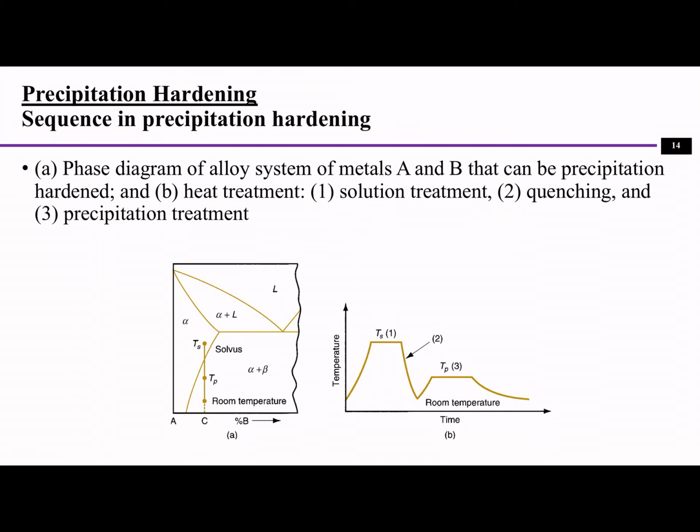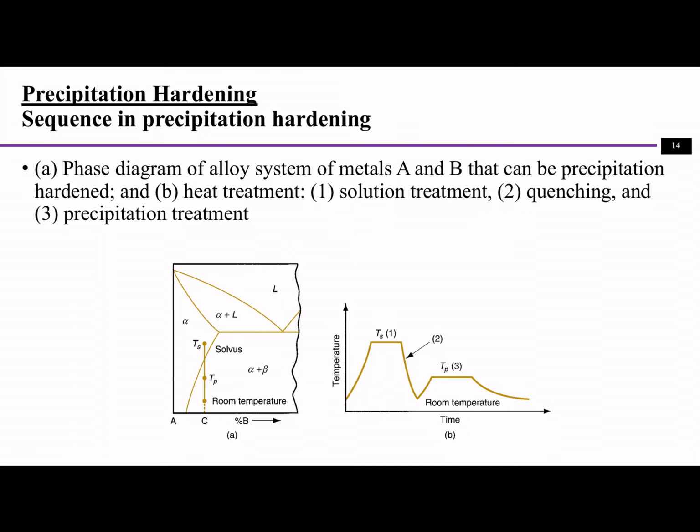And you can also see from the phase diagram how the temperature works from Ts. First, the Ts is at the alpha phase. Heat up the material to the alpha phase, and then quickly cool down to room temperature, and it will form a solvus phase.